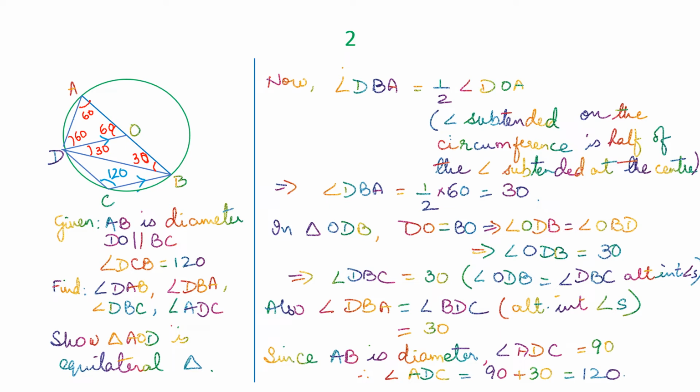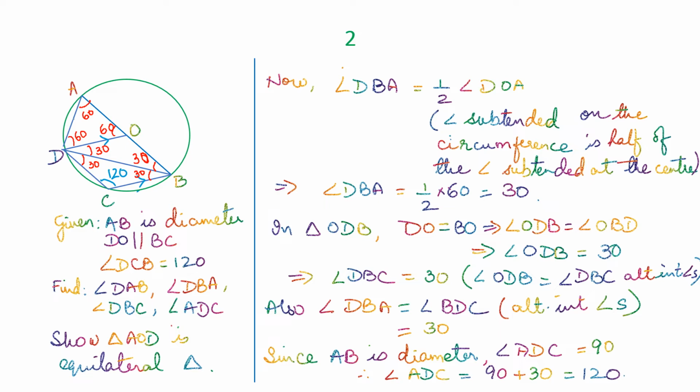Now, if these two are 30, what are we saying? Because DO is parallel to BC, this is 30, implies this angle is also going to be equal to 30. And this is 30, implies that this is also going to be equal to 30.